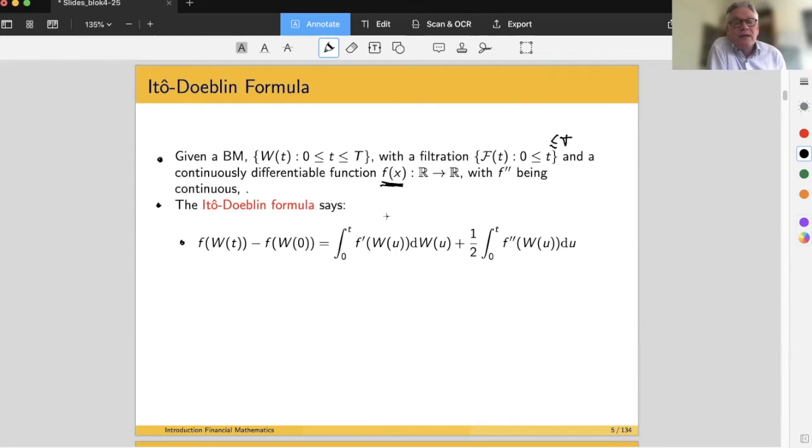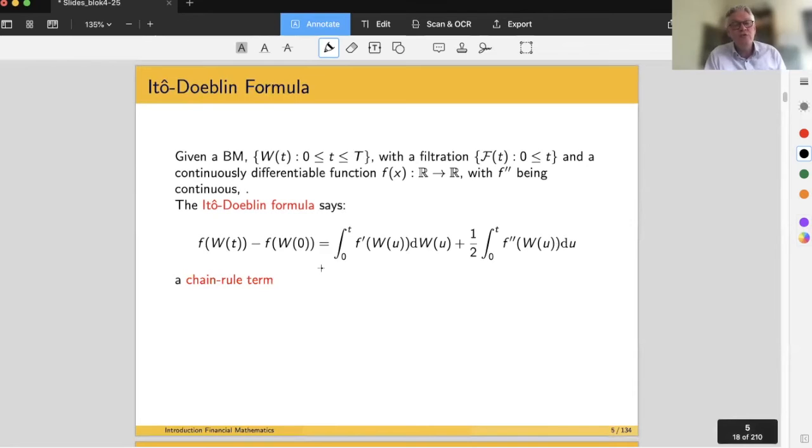Later, in the next slide, we will deal with functions of time and space, so f(t,x). But for now, we look at functions that only depend on x. And what we see here is something like a chain rule, f prime(W) dW. And we have an extra term here because of the stochastic integral, and that is something like a quadratic variation, a double prime term times du.